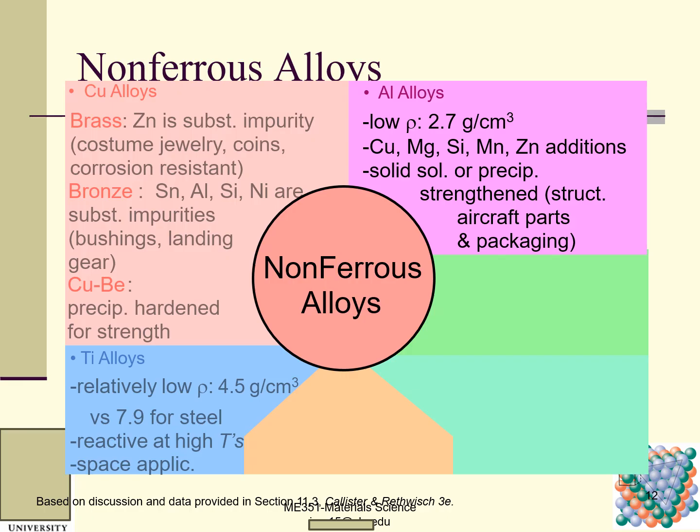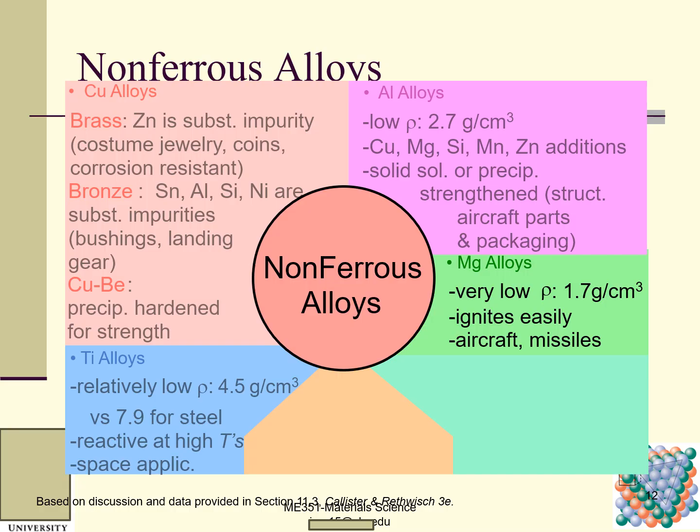For aluminum, we use a lot of aluminum alloys in our daily life. Next one is magnesium alloys. They have very low density, but ignite easily, and are used in aircraft and missiles.